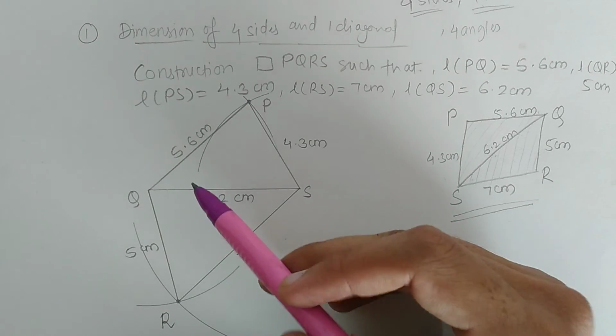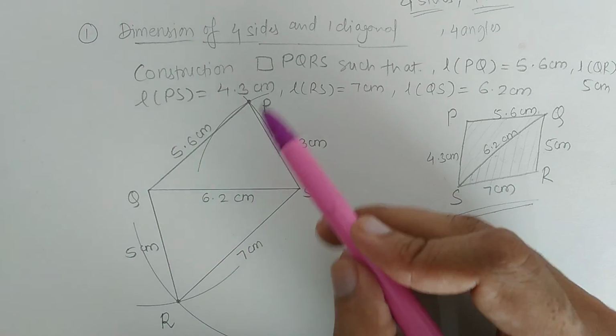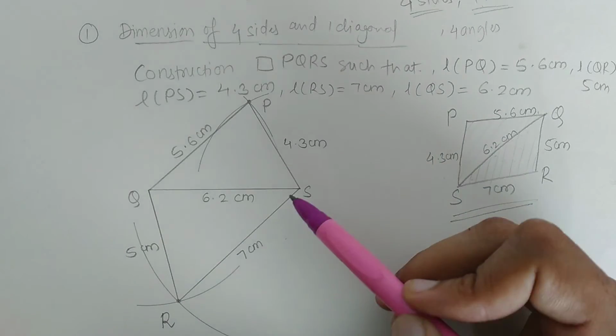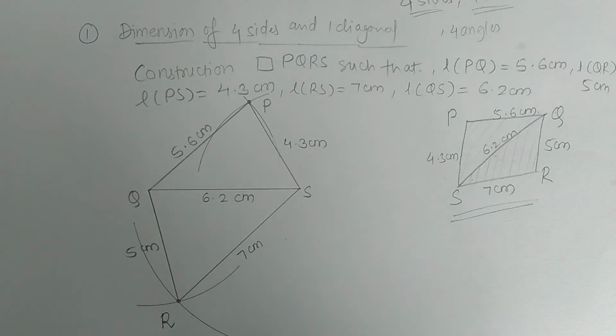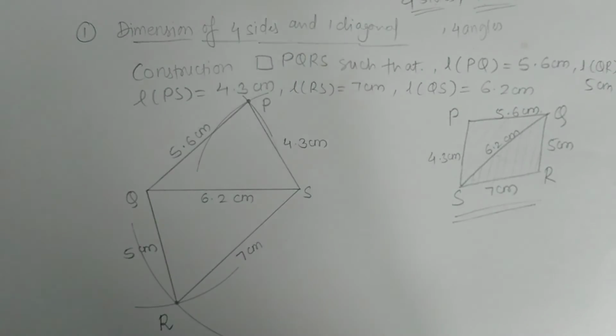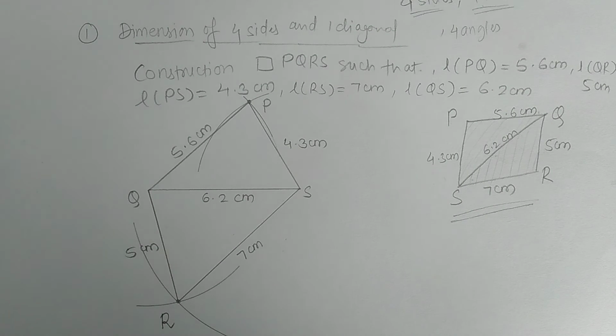In that way we have drawn the quadrilateral PQRS. So this is the first method where the lengths of four sides and the length of a diagonal are given to us, and in this way we can construct a quadrilateral.